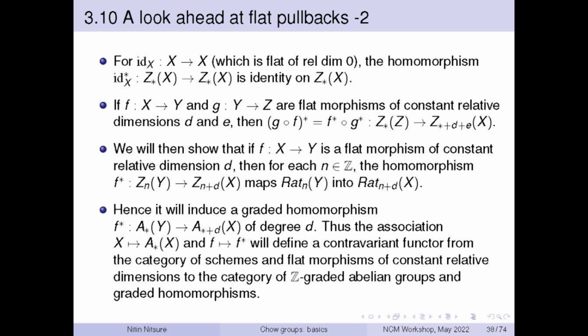This is functoriality. And then we will show that, remembering the opposite direction always, the map is from X to Y, the cycles rationally equivalent to zero here go into those there. And that will induce a map on Chow groups. It is functorial because this is functorial.